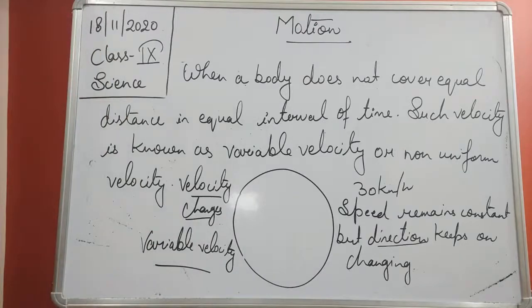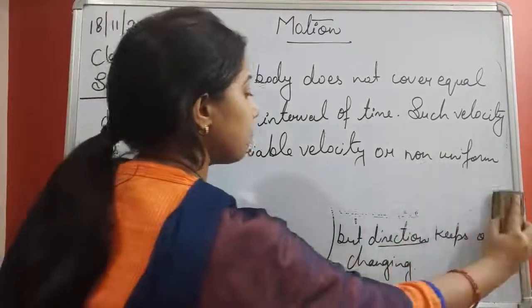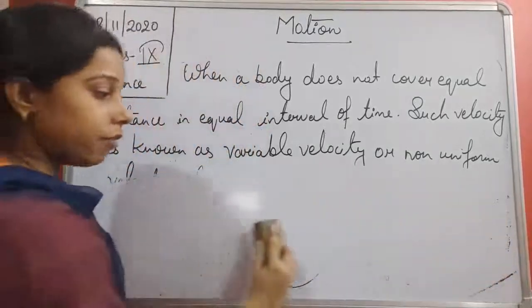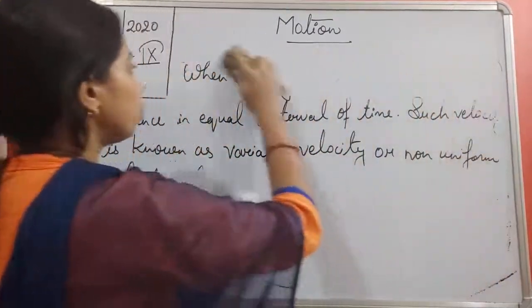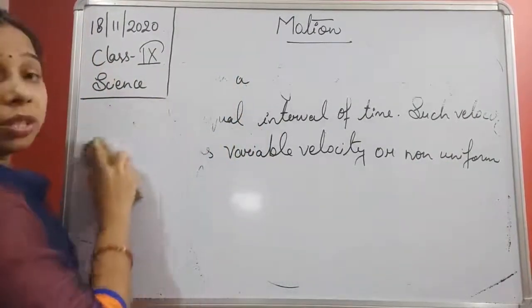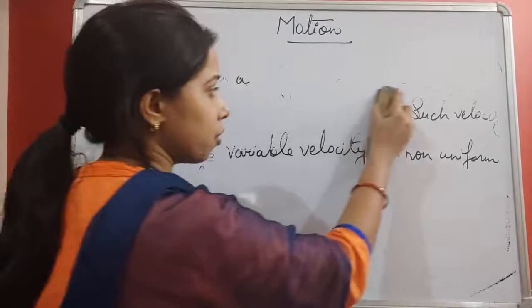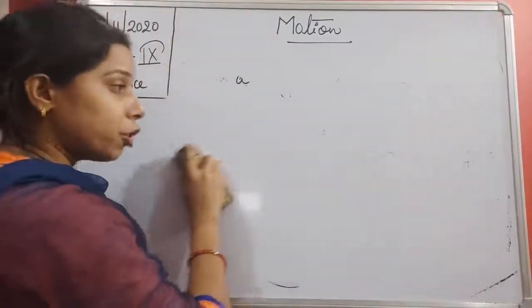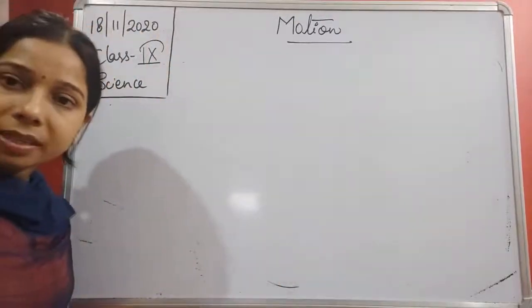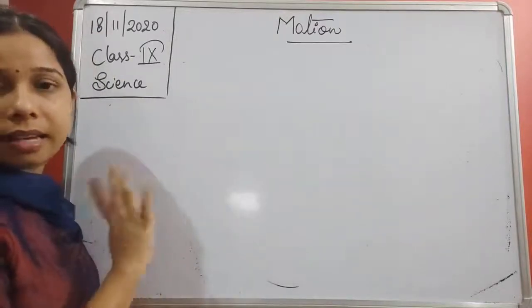Now if we talk about the next one, students, we said that speed and velocity both have magnitude. The thing which is common here is that both of them possess magnitude. We know that it is velocity which shows the direction, right? And speed does not have a direction, it only has a magnitude. In the case of velocity, we know that it possesses both, that is, magnitude as well as direction.